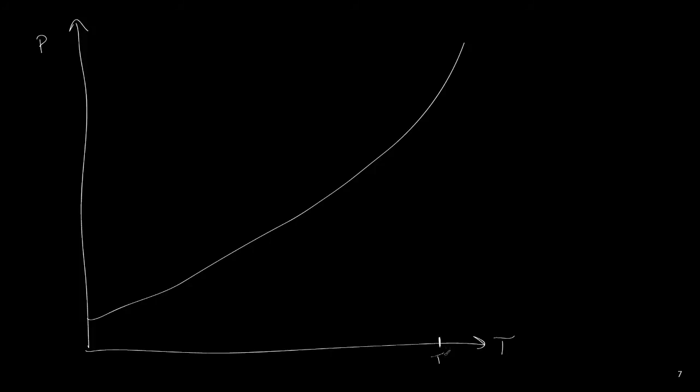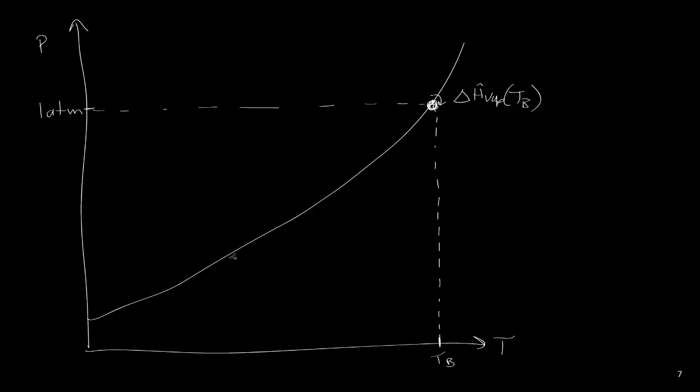Now if we draw here, this is the boiling point of this pure fluid. And then this would correspond to the pressure of 1 atmosphere. This value right here, the transition from a liquid to a vapor, we know as the delta H of vaporization at the normal boiling point.